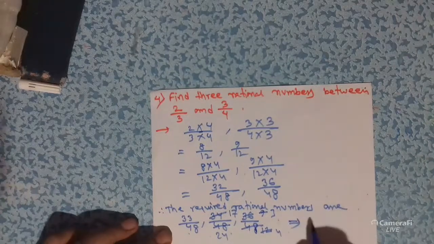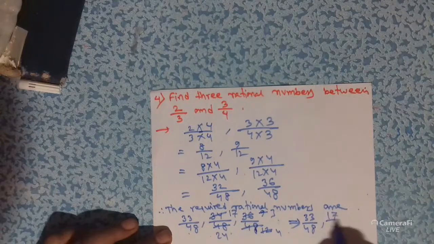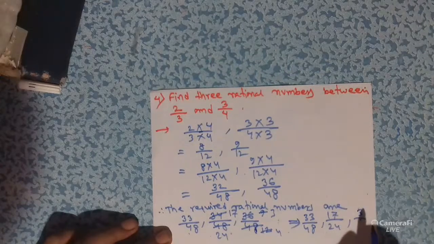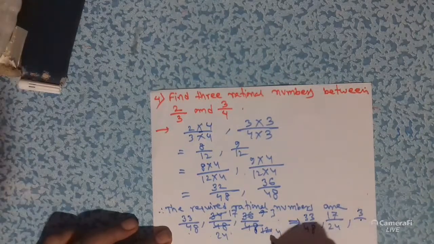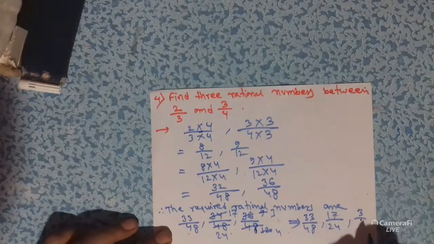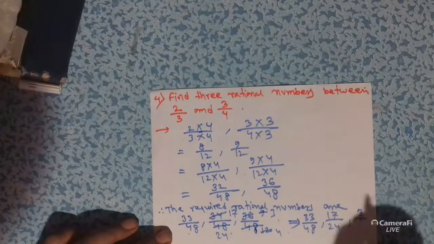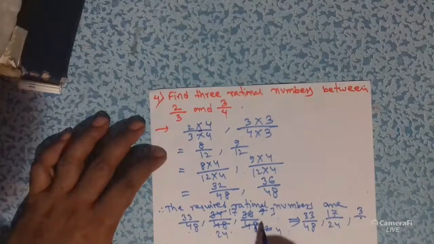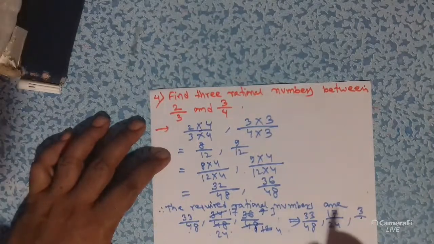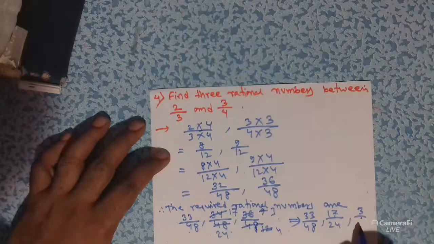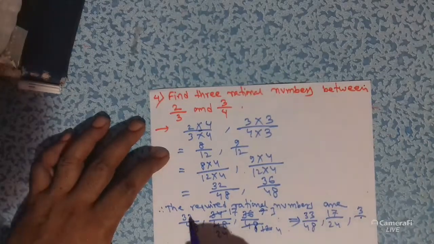So the numbers are 33 by 48, 17 by 24 and. Okay students, we need not divide the rational numbers by a common number because 3 by 4 will come. So I think it is not correct. So you should leave it.